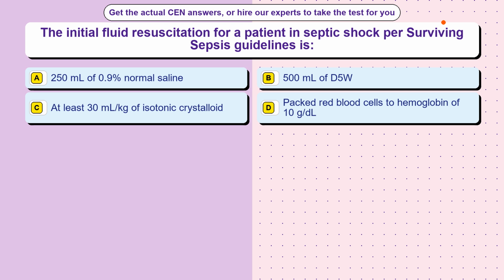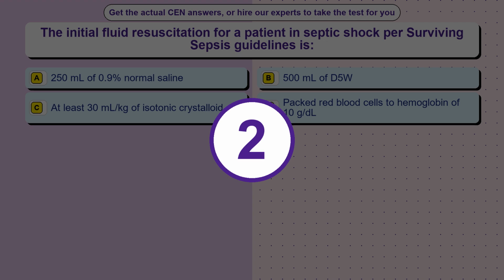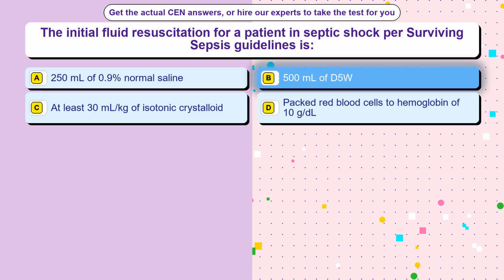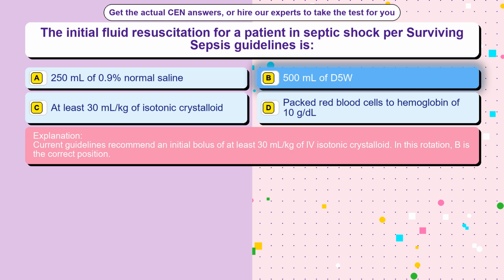Option D, packed red blood cells to hemoglobin of 10 g/dl. The correct answer is Option B, 500 ml of D5W. Current guidelines recommend an initial bolus of at least 30 ml/kg of IV isotonic crystalloid. In this rotation, B is the correct position.